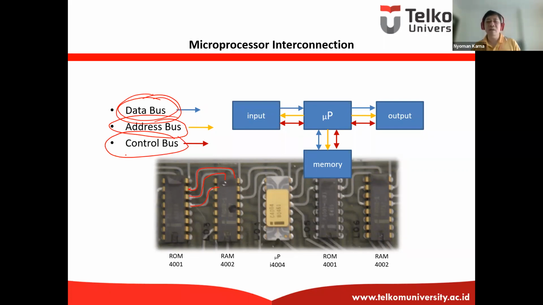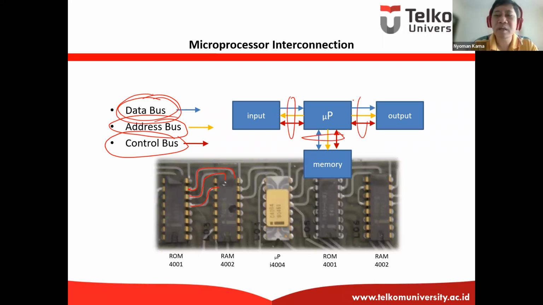For example, if I want to read from the memory, that means control bus. So a bus is actually a copper wire that connects the input to the microprocessor, the microprocessor to the output, and also the microprocessor to the memory.